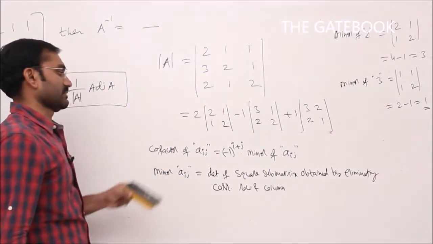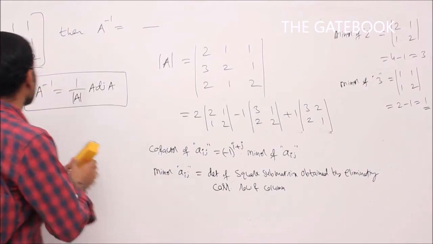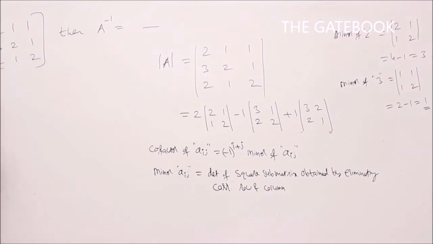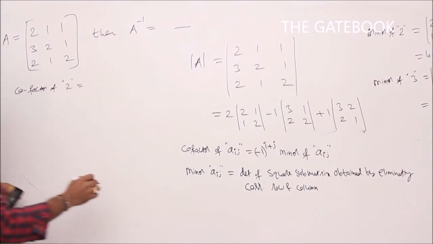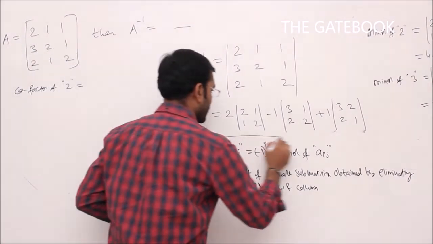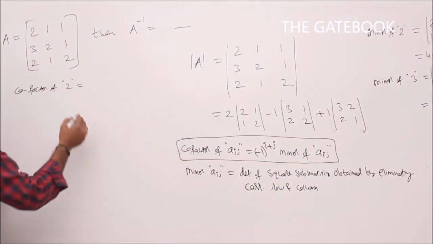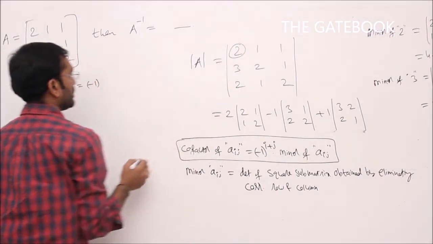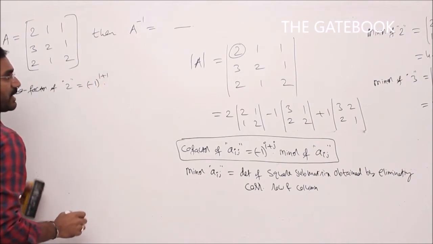Now cofactors. How to find cofactors of elements? To find the cofactor of element 2, the definition is that the cofactor of any element Aij is given by minus 1 whole power i plus j into the minor of Aij. 2 is the element of the first row, first column, so we will get minus 1 whole power 1 plus 1 into the corresponding minor of 2.